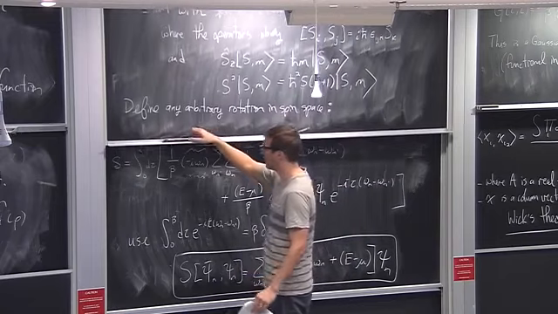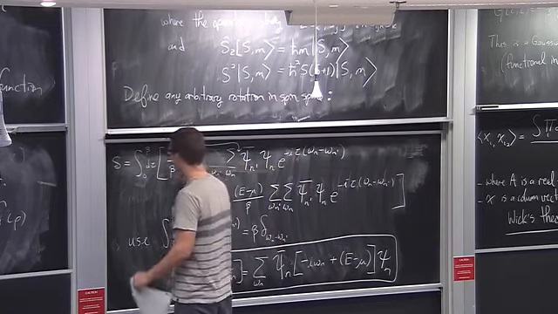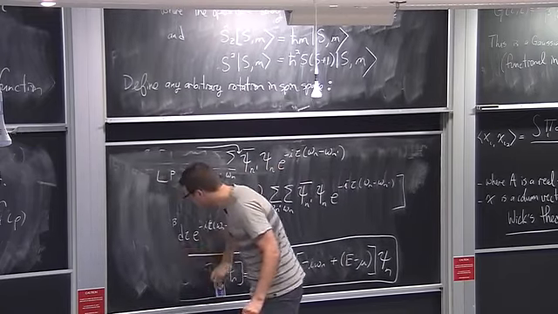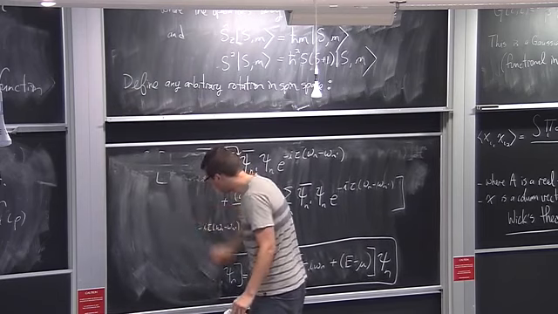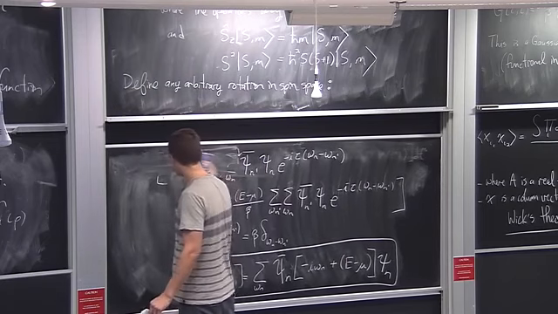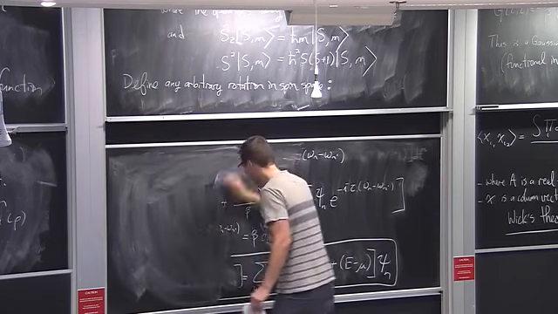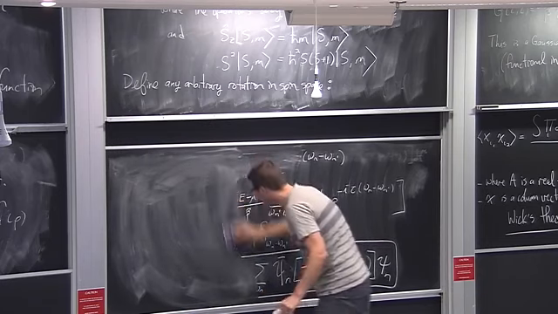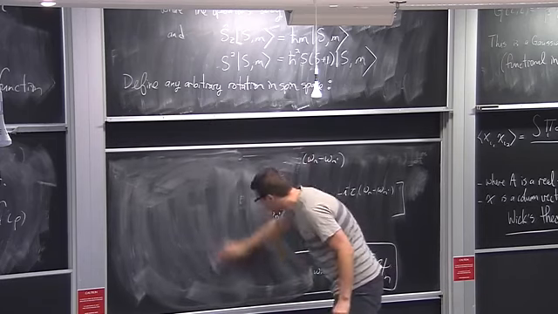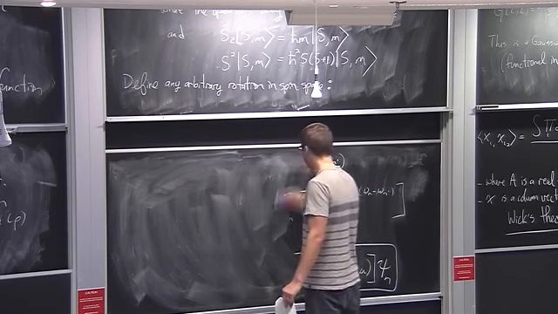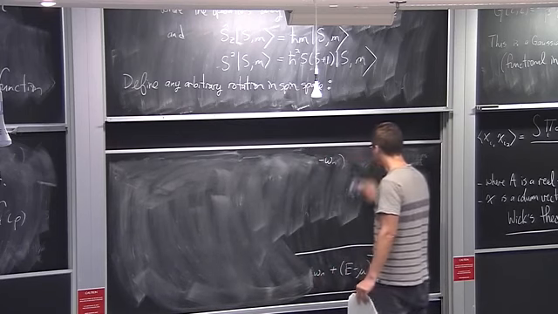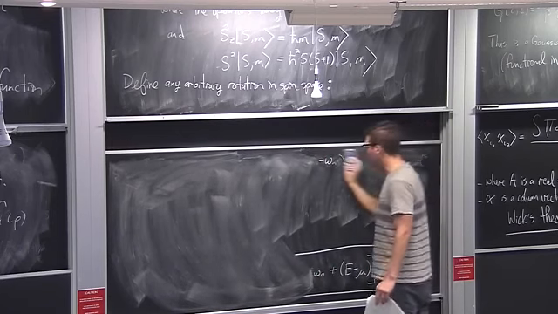So any arbitrary rotation in 3-dimensional space can be parameterized by 3 Euler angles. And there's a standard way of doing this. And all you do is you take the classical rotation and just plop in the quantum mechanical operators.